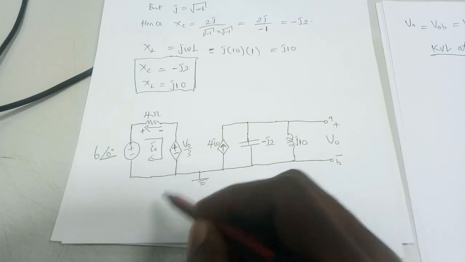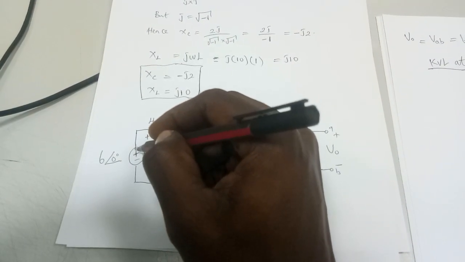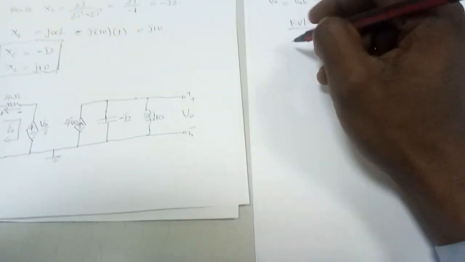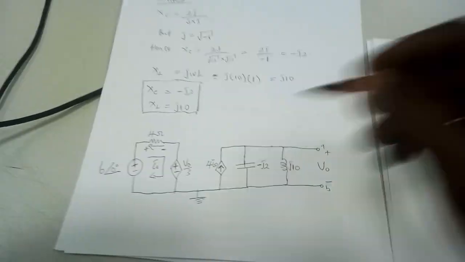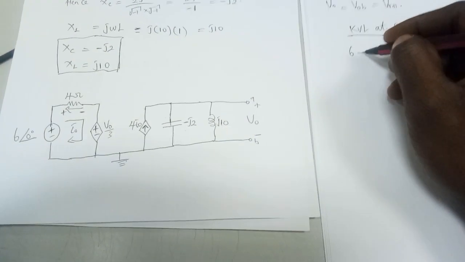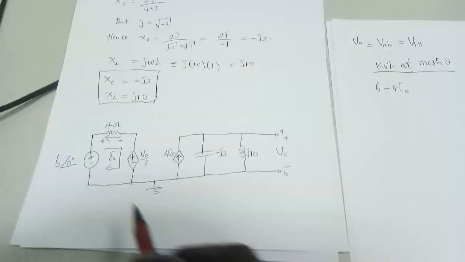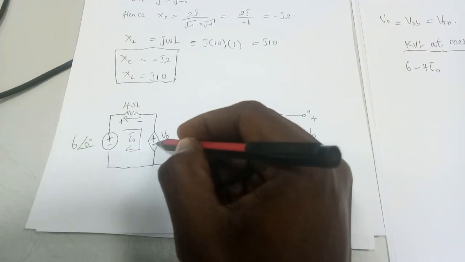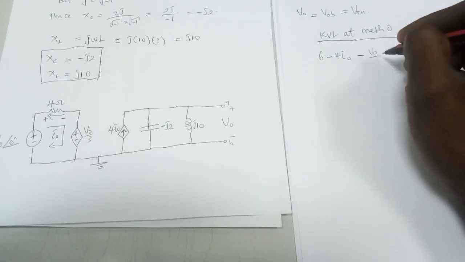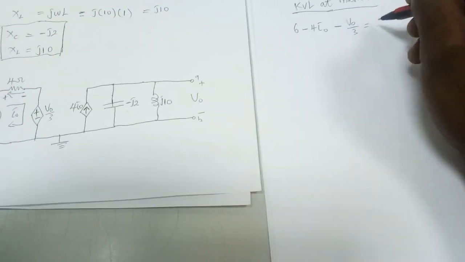So moving from here, we are leaving this source at the positive terminal, so the voltage is positive. So we are going to have 6. Here we are leaving at the negative terminal, the voltage is negative, so it will be minus 4 I naught. And here we are leaving at the negative terminal, the voltage is negative. So you have minus V naught over 3, and we are back here, equal to 0.